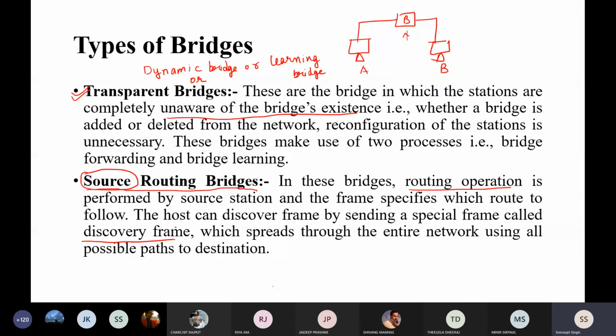It is also the responsibility of the source to make this special frame, the discovery frame, to tell the bridge that I am sending a discovery frame because the destination is not there in your network. Again the task is the same: the bridge will spread this discovery frame throughout the network to see whether a new device is connected to it.